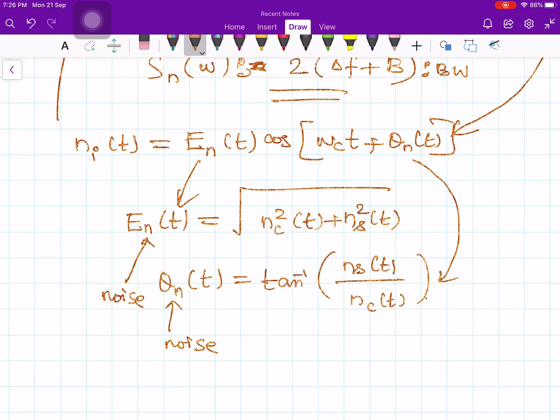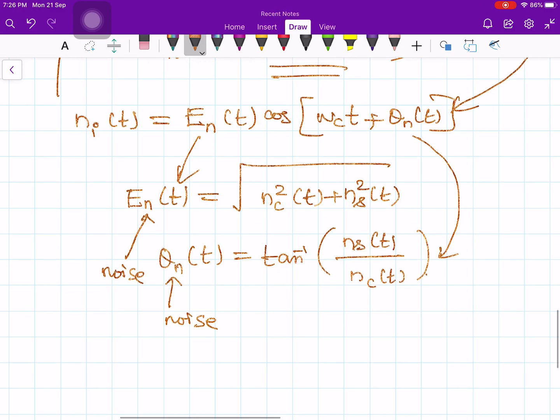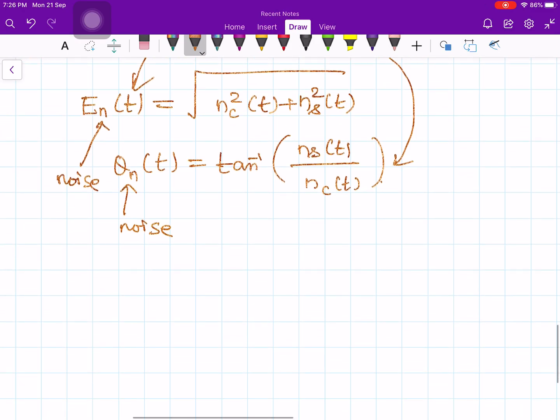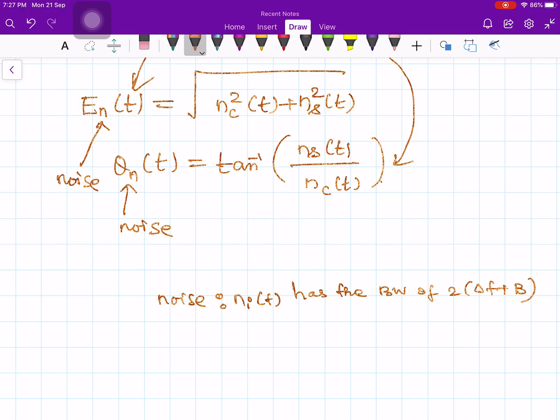This noise Ni of t has the bandwidth of 2 times delta f plus B, whereas the message m of t has the bandwidth of B hertz.